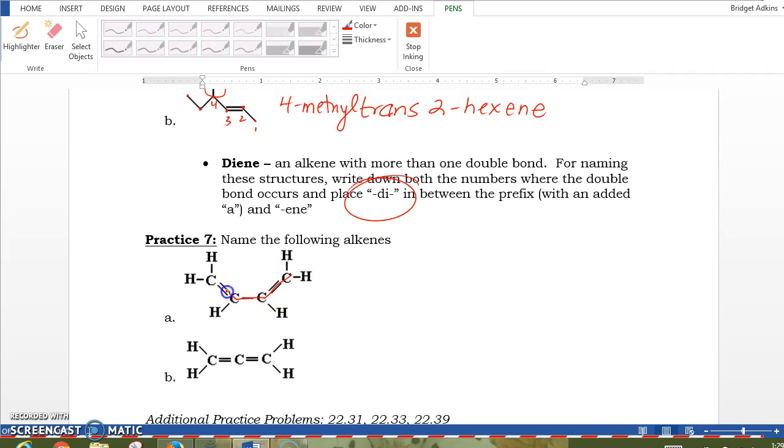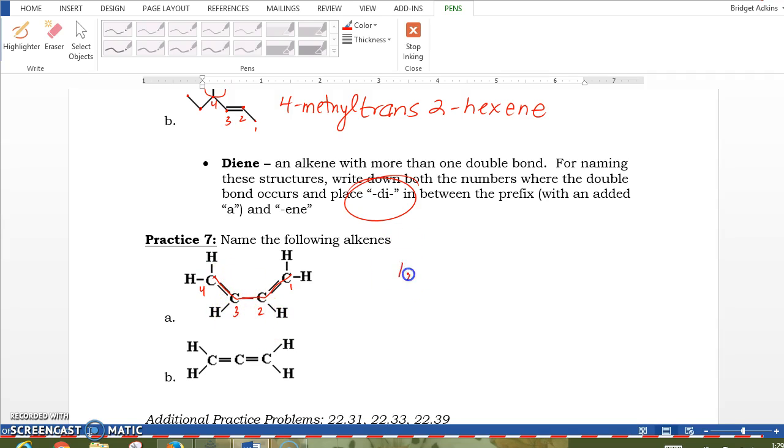So here we have a 4 carbon with 2 double bonds, and so you'll notice it doesn't really matter which way I number it, left to right, right to left, but you do want to count where the double bonds are beginning. So if I number going this way, there's a double bond beginning at the 1 carbon and a double bond beginning at the 3 carbon.